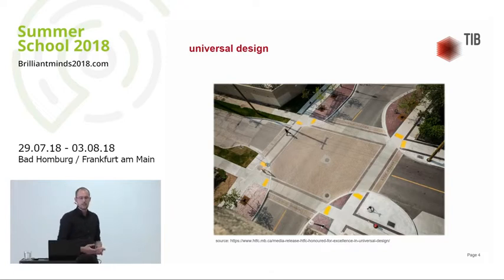It's the idea of universal design: if you build a building, you always think that the broadest part of the community is able to use it, or in this case the streets, and that it's easy to understand even for blind people, people in a wheelchair, children and old people.